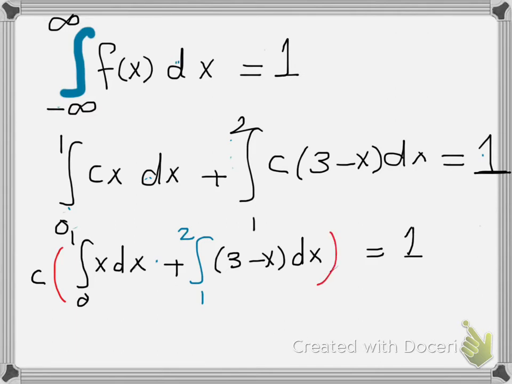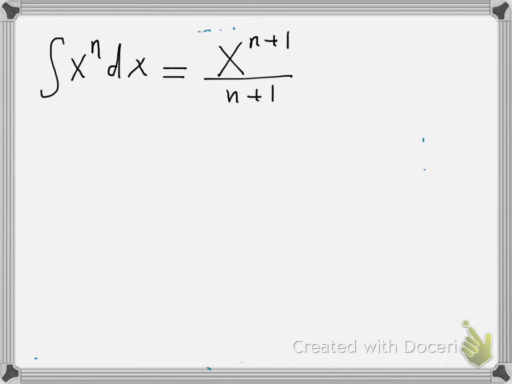Now what we know about this simple integration, when you have an integration of x power n dx, the integration of this one is x power n plus 1 divided by n plus 1. So if your power is n, the integration will add one to the power, and we will divide by the new power. So in the example which I gave you here, we have to integrate x, the first one.